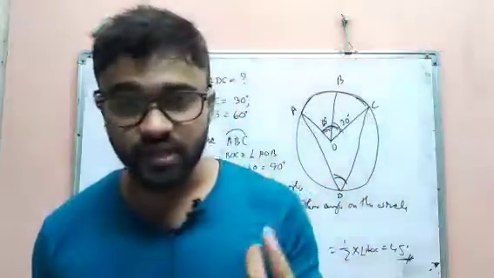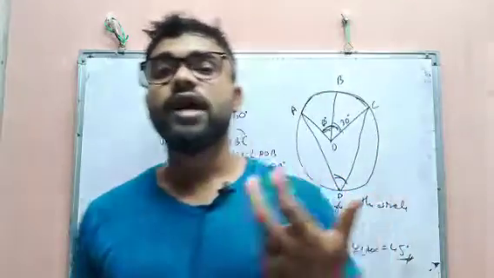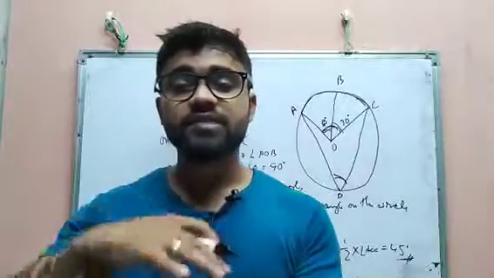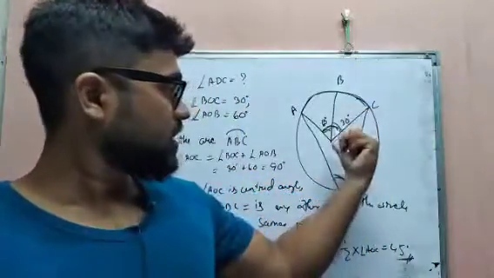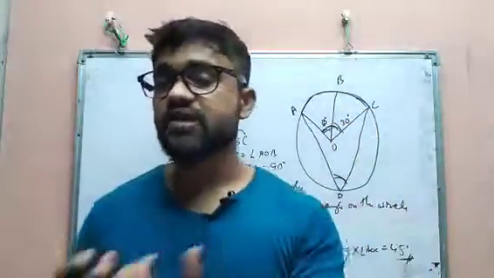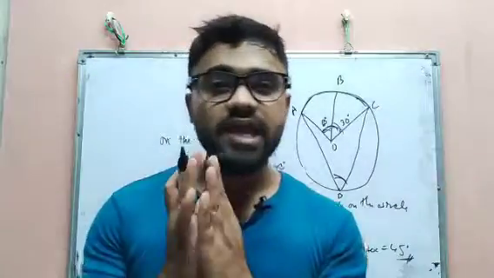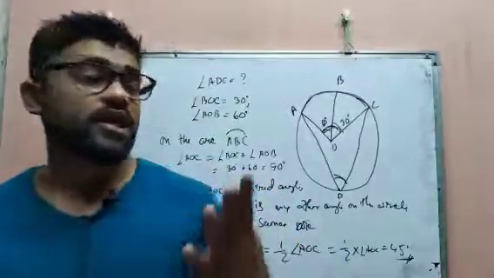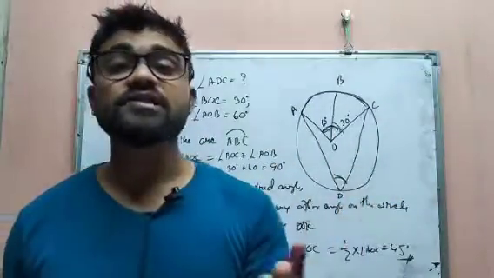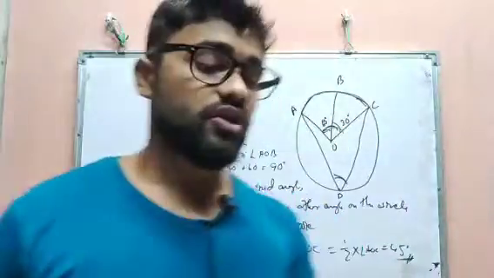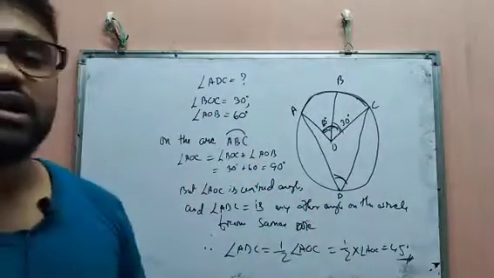If all the points lie on the circle, then it is a cyclic quadrilateral, and a pair of opposite angles always sums to 180 degrees. We have to remember only these conditions, and then you can do all this type of maths.